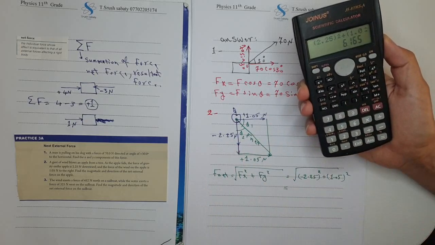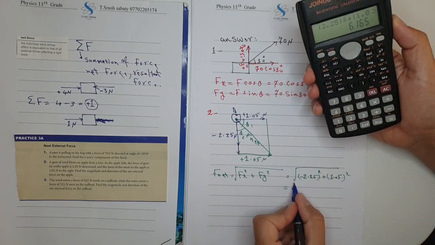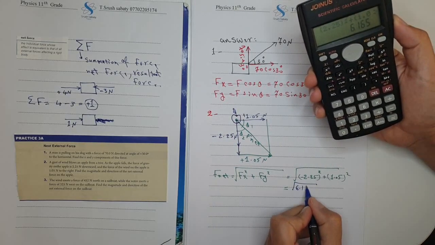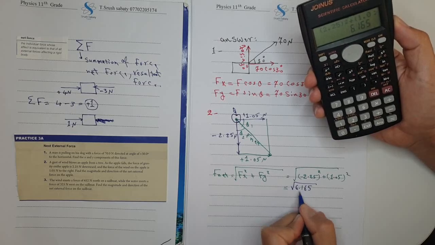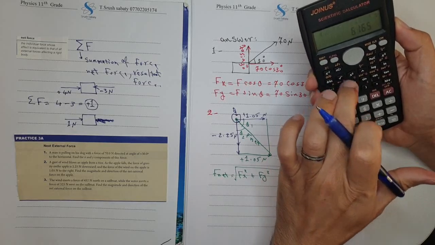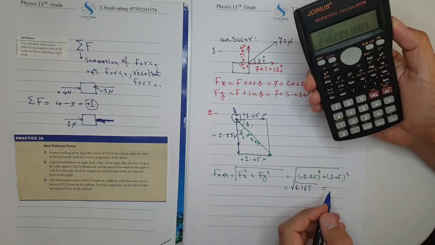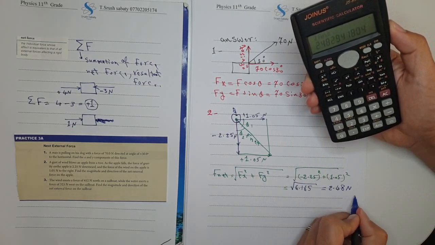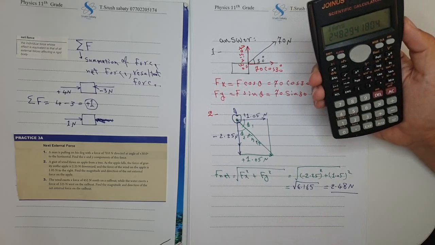So this is the result, 6.165, and the result will be 2.48 Newton, but we will find the direction.